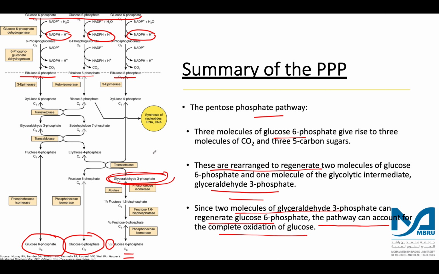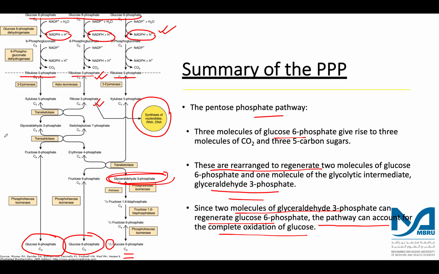And if you look at the important intermediates, NADPH that I talked about, then we have ribulose 5 phosphate, which is converted to ribose 5 phosphate, and ribose 5 phosphate is important for the synthesis of nucleic acids.